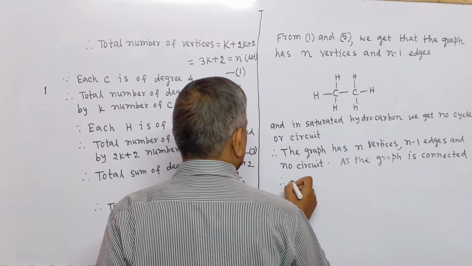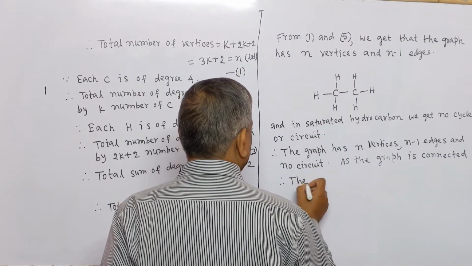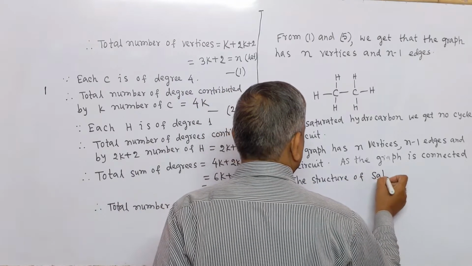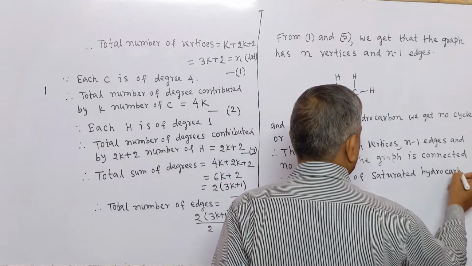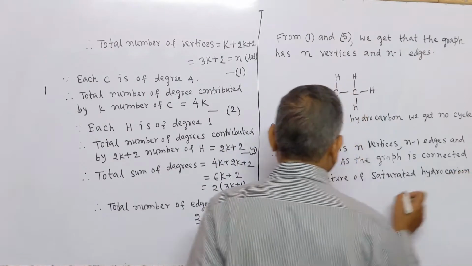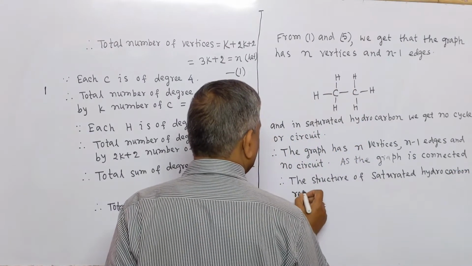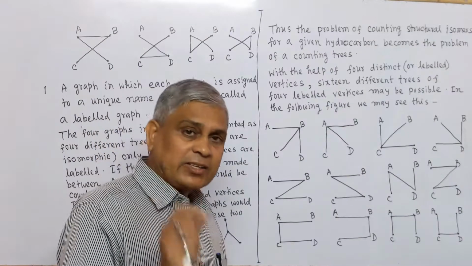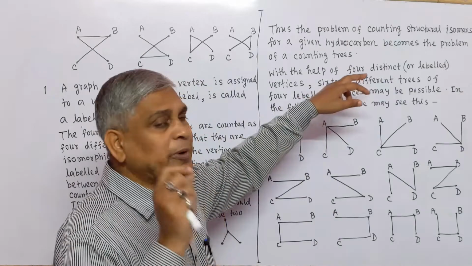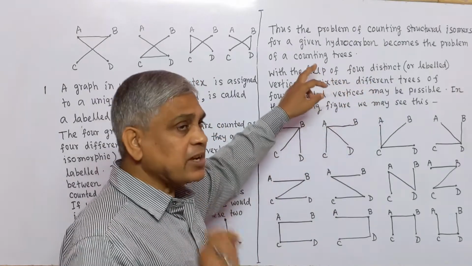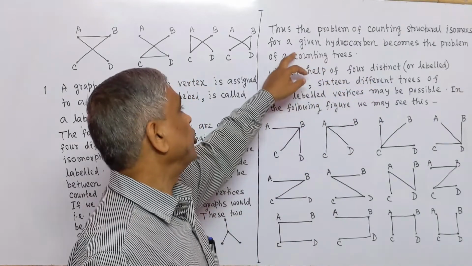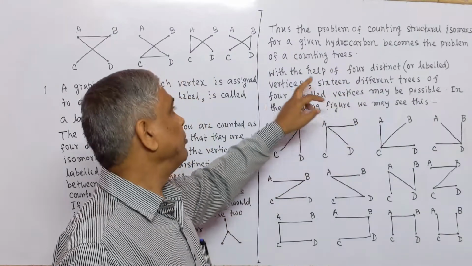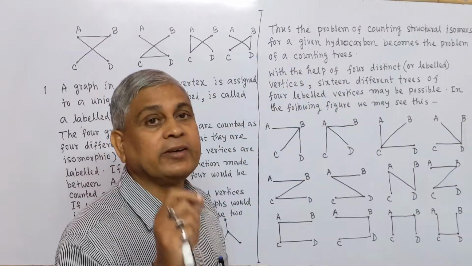Therefore, the structure of saturated hydrocarbon represents a tree. Thus, the problem of counting structural isomers for a given hydrocarbon becomes the problem of counting trees.